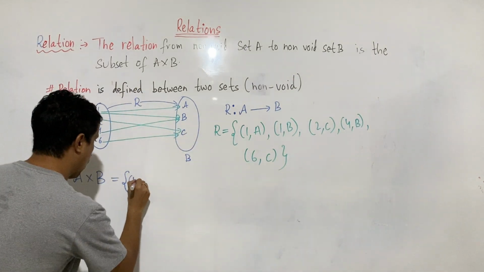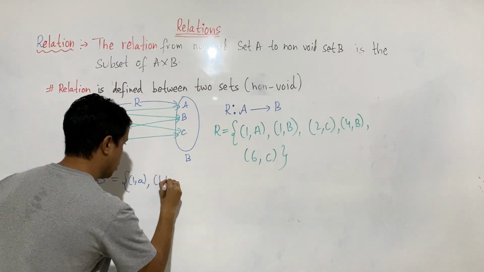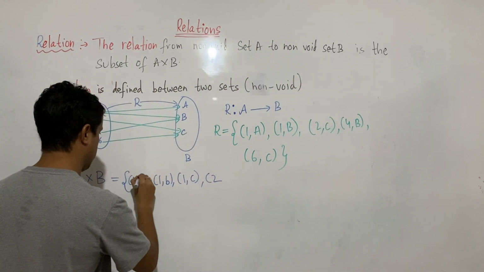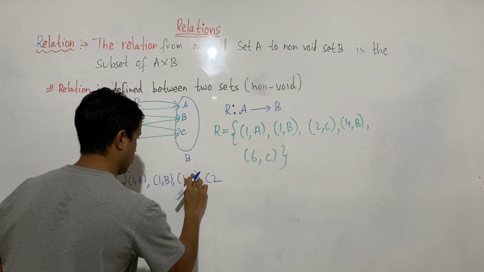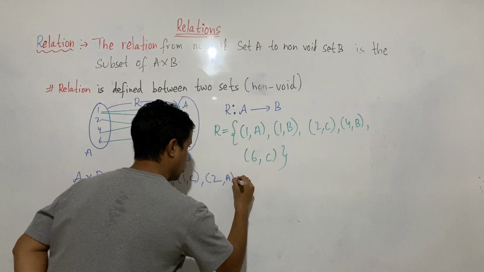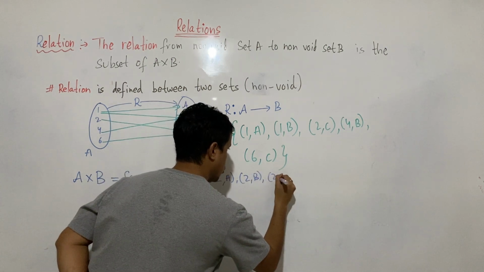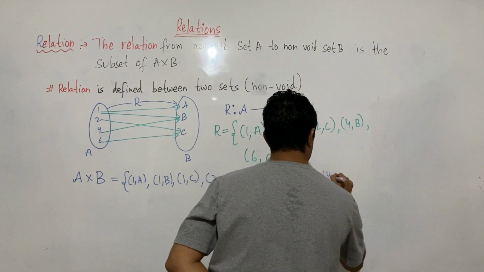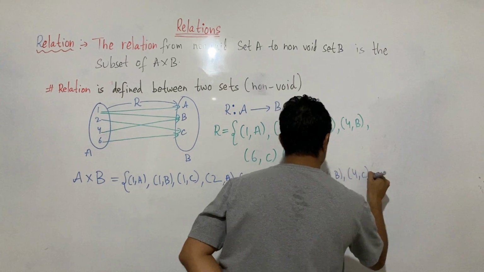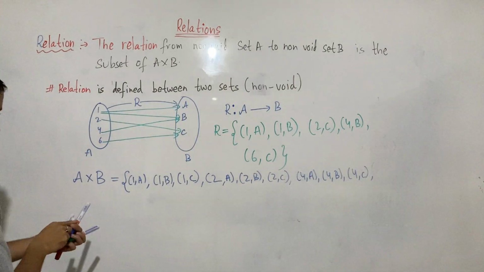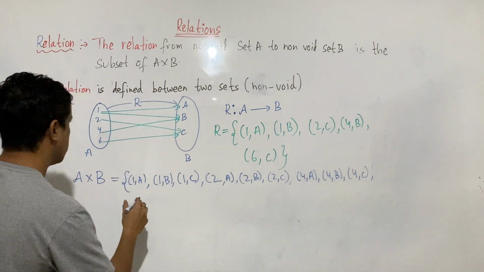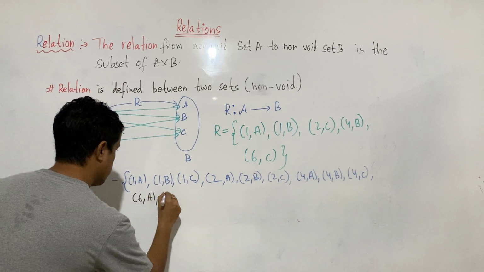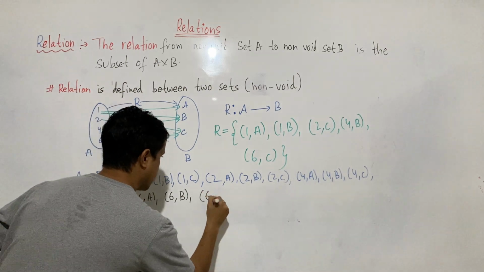So it's going to be 1A, 1B, 1C, here 2A, 2B, 2C, 4A, 4B, 4C, and here 6A, 6B, and 6C.